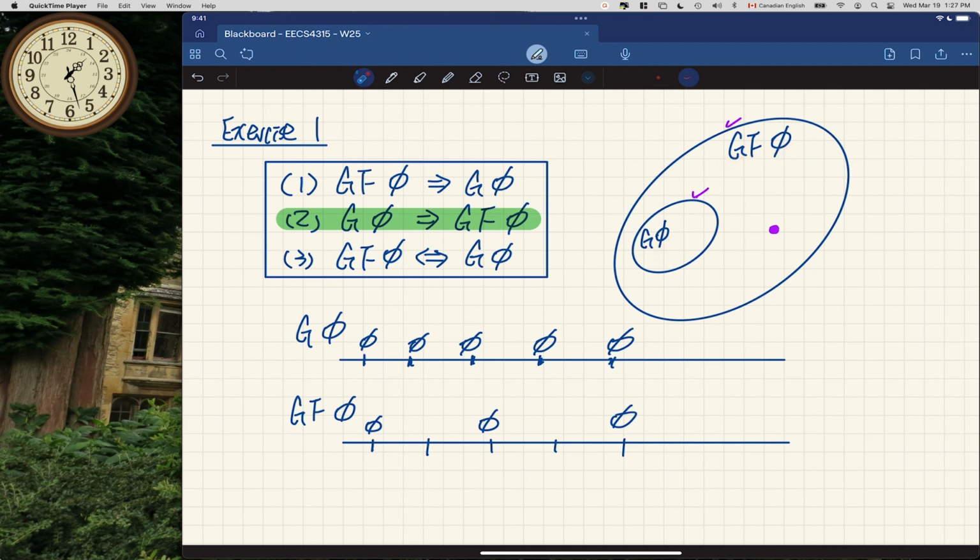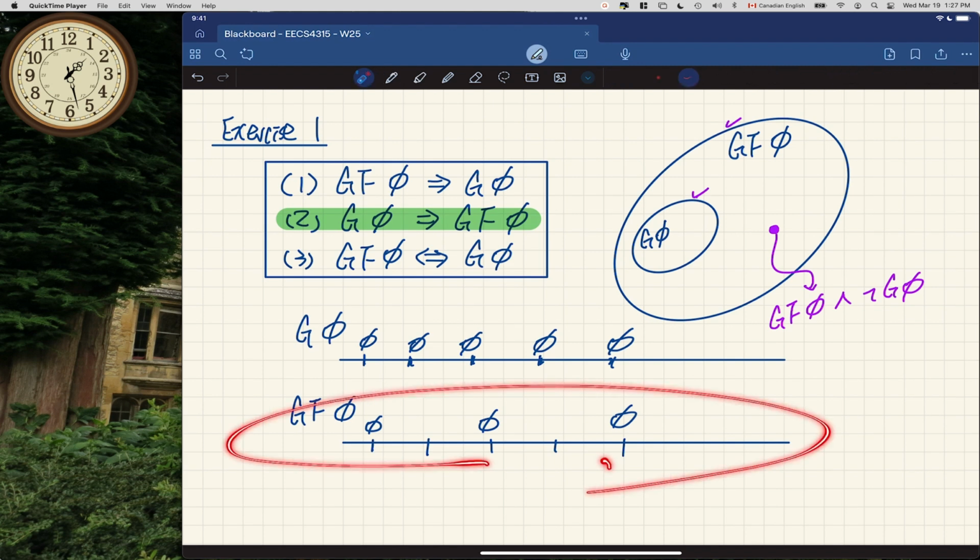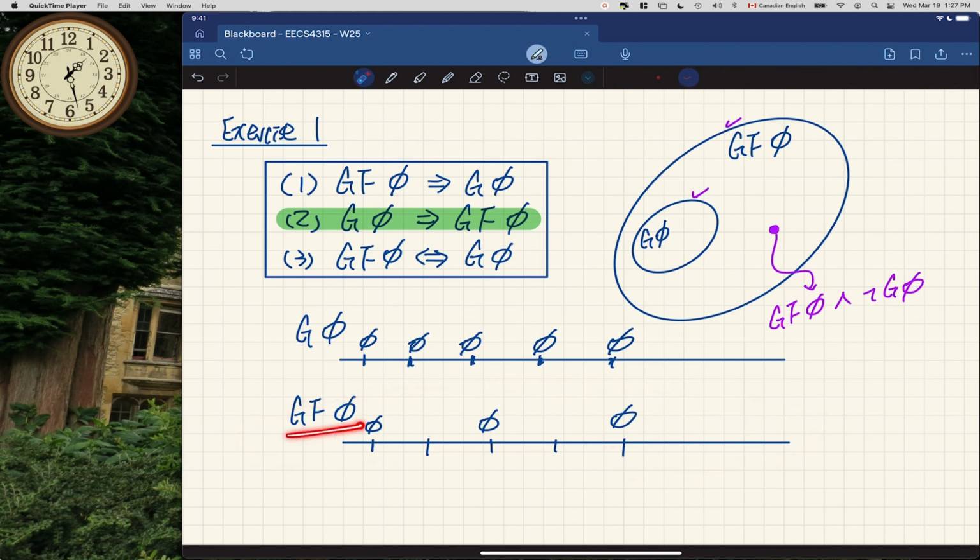You want to know what exactly it is. That might be something I'm going to ask you in the test. That one basically satisfies GF, infinitely often, however it is not globally true. That's exactly here, right? You can see this one here is infinitely often, but this one does not satisfy G phi. And the same model here, the G phi is not true. So you can link this one over here to this one over here.